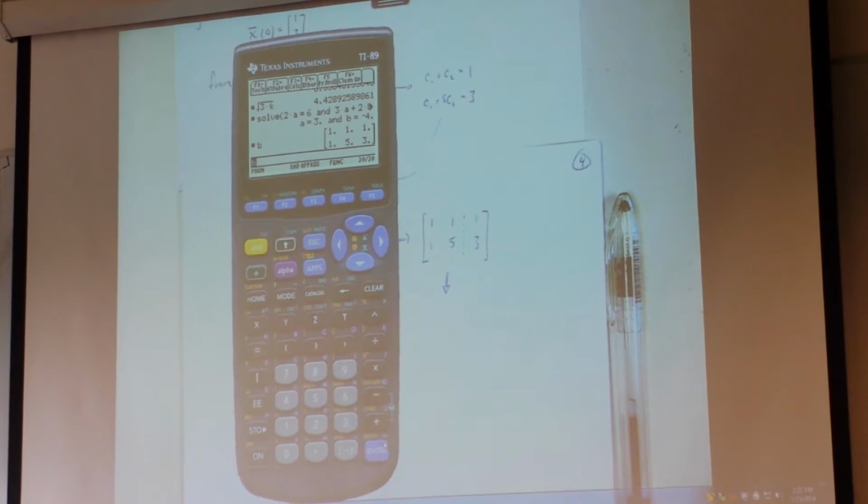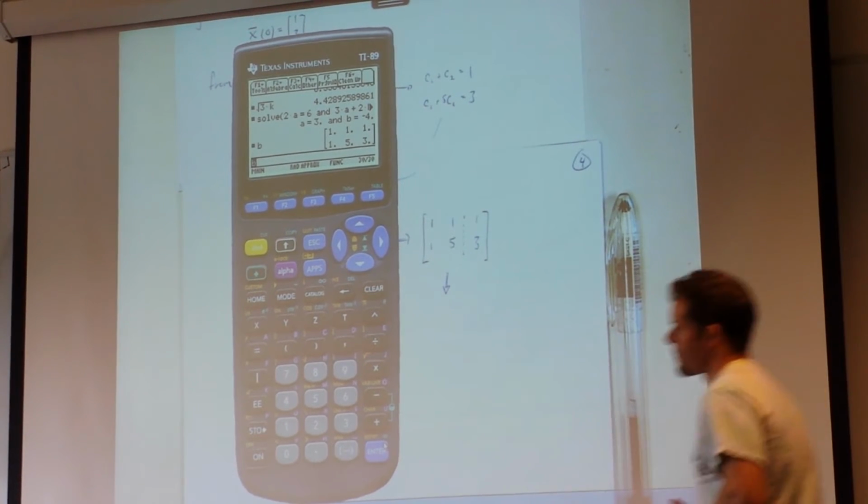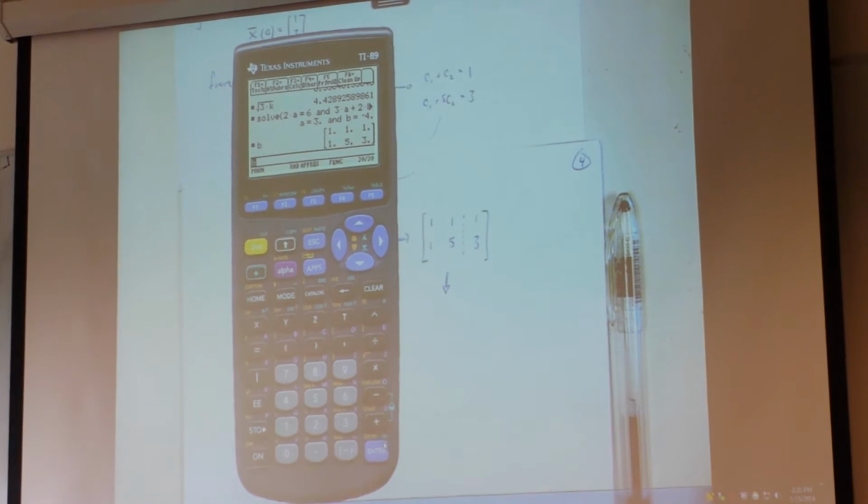Now, we're not getting into the theory about all the row operations you can do, but it was 1C1 plus 1C2 equals 1. Okay. The other one, give me the coefficients.